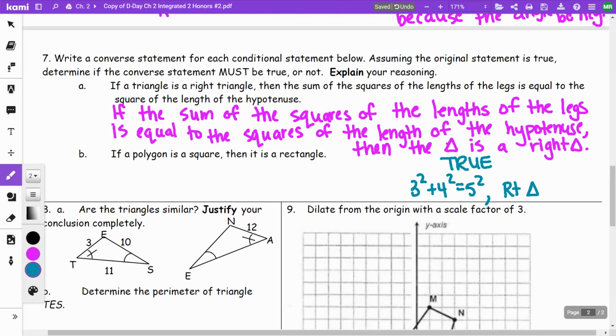On B, if a polygon is a square, then it is a rectangle, okay, because squares are rectangles. Now we need to write the converse. So if a polygon is a rectangle, then it is a square.